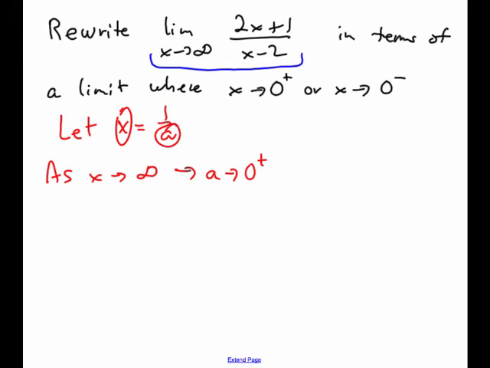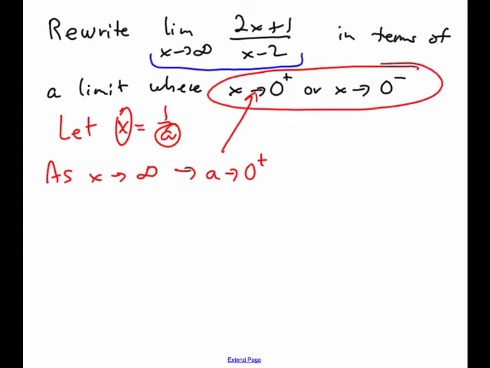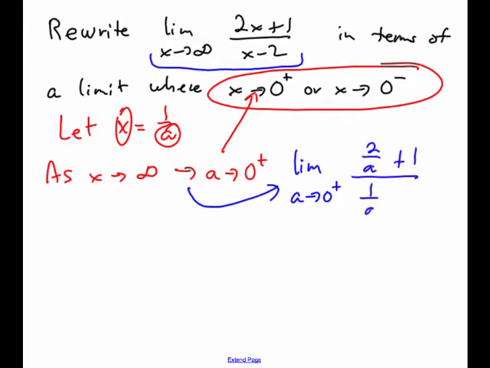Okay, this is looking good because we're getting similar to what we were hoping for, a variable going towards 0 from the positive or negative side. I'm then going to do my substitution. So my limit as a goes to 0 from the positive side of, okay, so x is 1 over a, so that's going to be 2 over a plus 1 over a minus 2.